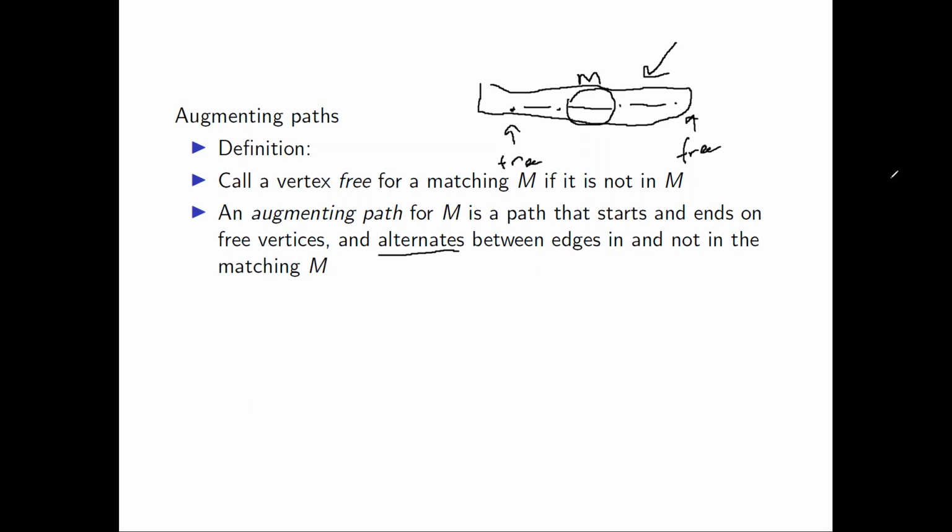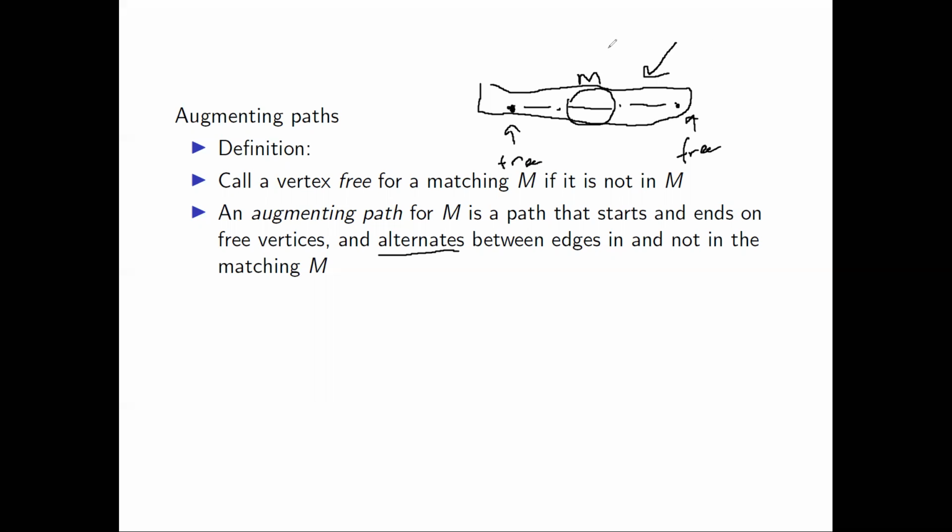And that gives us an augmenting path because the path starts and ends at free vertices, and the edges alternate between being not in M and being in M. So the first edge, by definition for an augmenting path, has to not be in M because it contains that free vertex. Then the next edge has to be in M, and the edge after that has to be not in M. And it could keep on going like that. So whatever the length of the path is, it's going to have an odd number of edges on it.